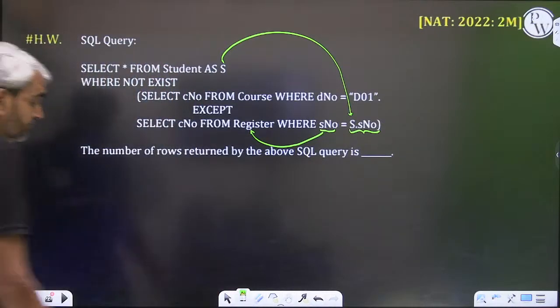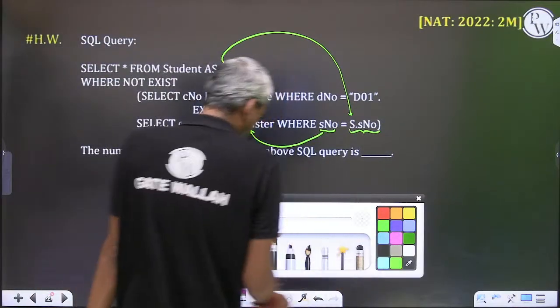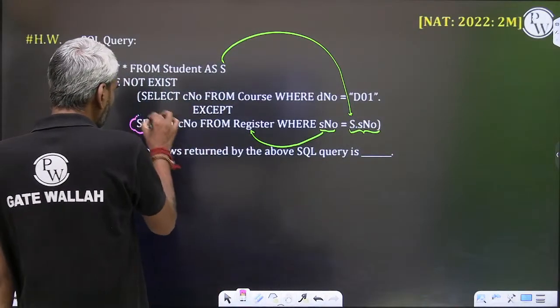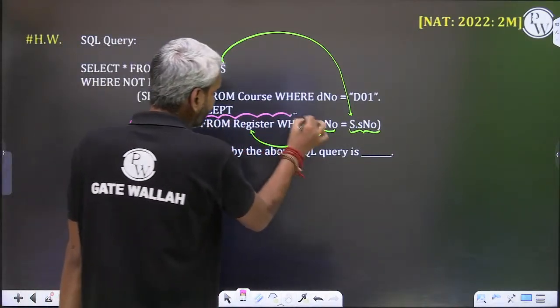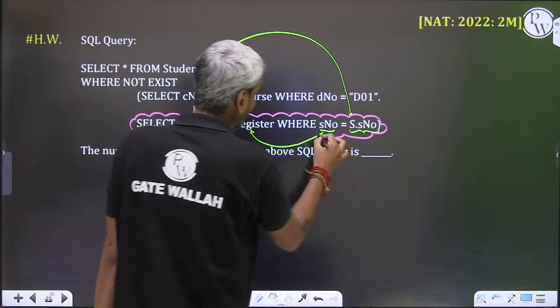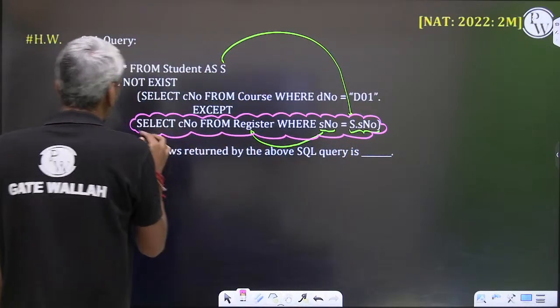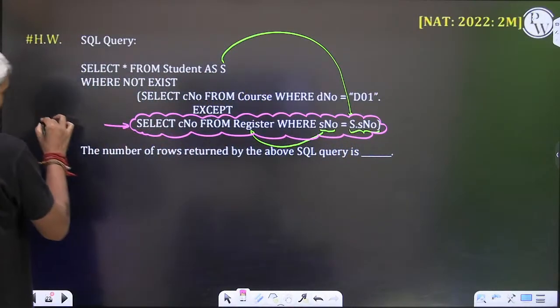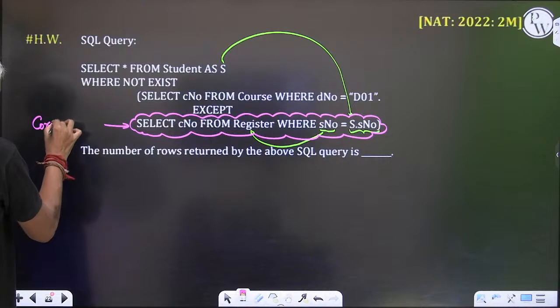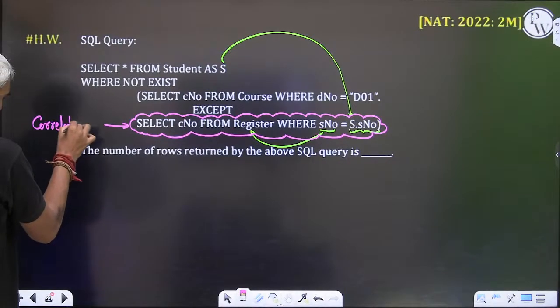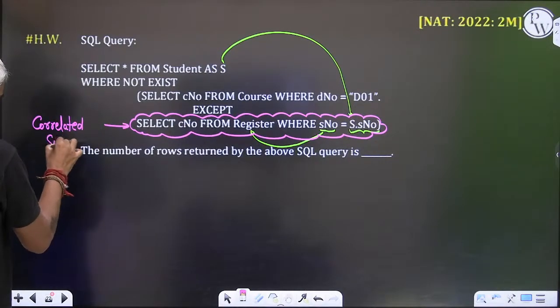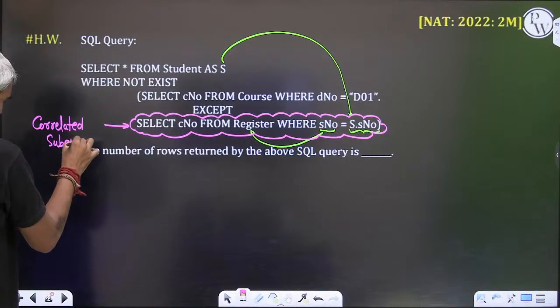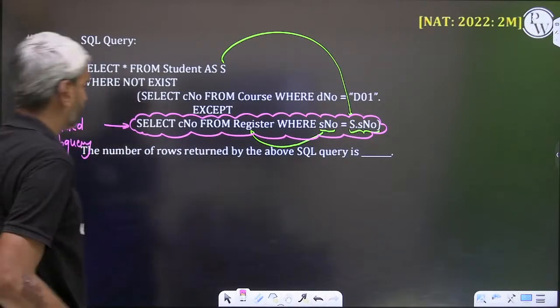Okay, so you understand one thing, that this particular query requires an attribute value defined in the outer relation. Therefore, this is a correlated subquery. What type of query is this? Correlated subquery.